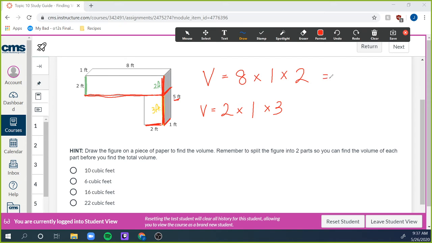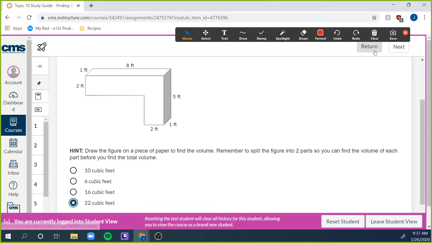So the top box is going to equal 8 times 1 times 2, which is 16. And this bottom box is going to be 2 times 1 times 3, which is 6. 16 plus 6 is going to be 22 cubic feet. So we're going to go ahead and click in 22 cubic feet and hit next.